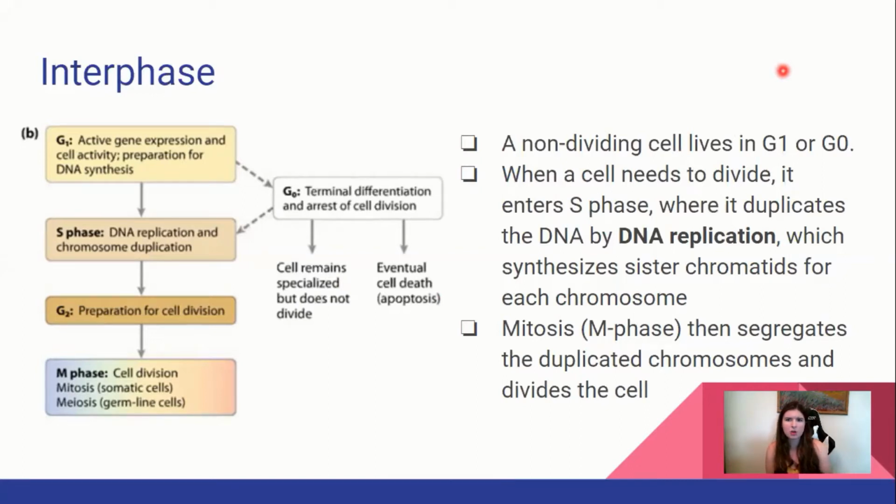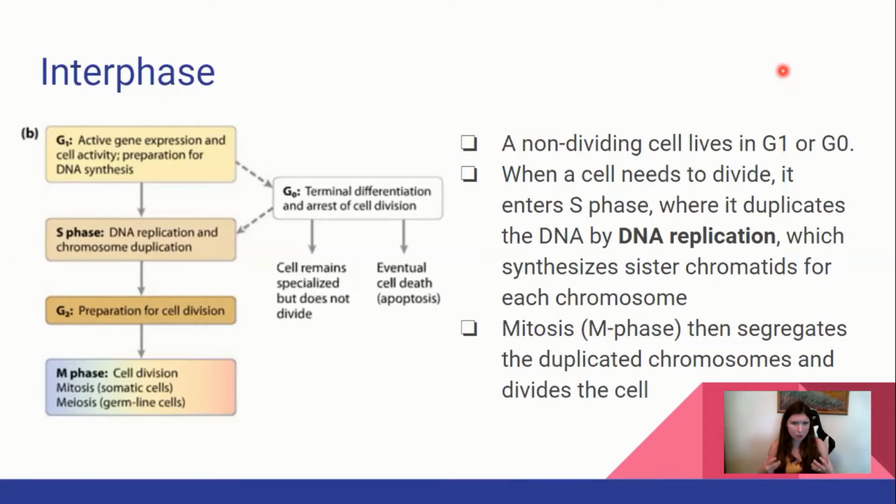A non-dividing cell lives in G1 or something called G0, but we're not going to get into that because what we're really focusing on here are the steps that lead up into division. So if a cell is going to eventually divide, it's going to live in G1, at which point we have genes being read, so we're making proteins, we're expressing traits. The cell is doing stuff.